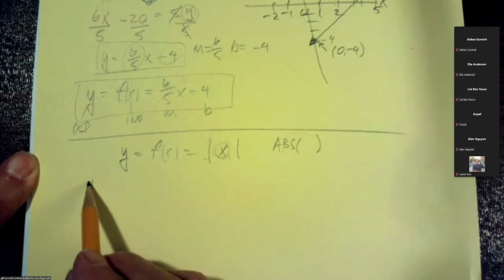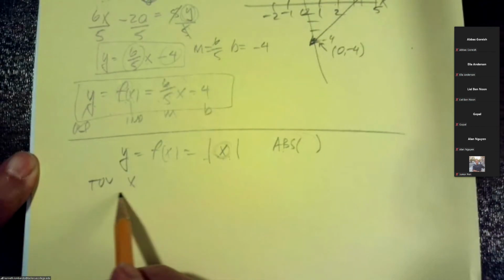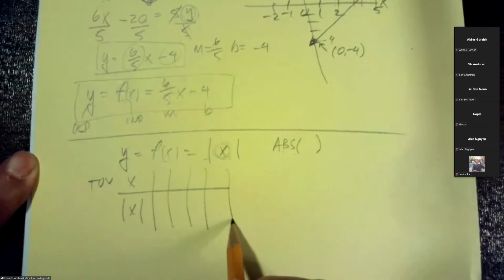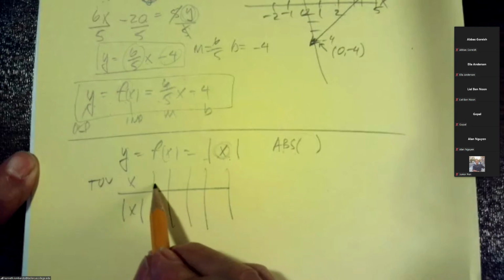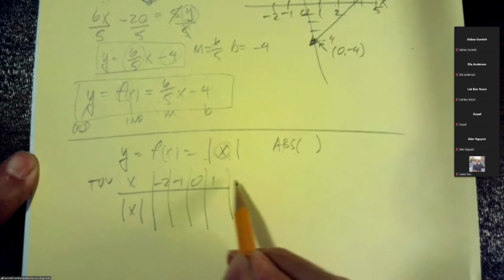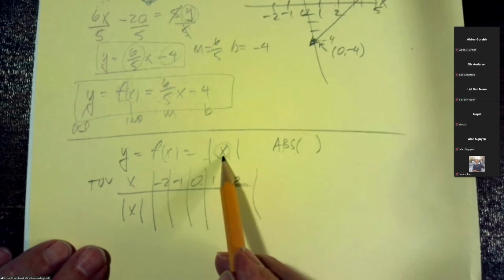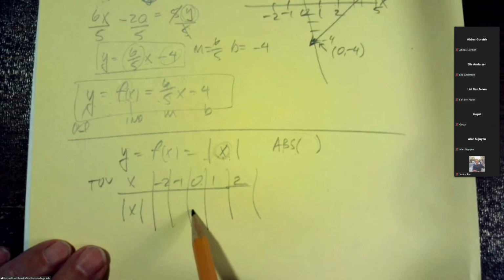So if we set up a table of values and have x and absolute value of x, and I go from -2. So if x is 0, what's y going to be? New volunteer?